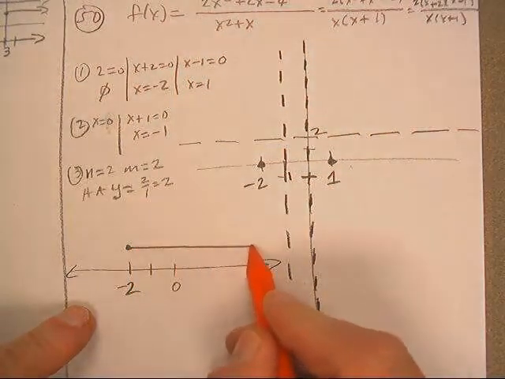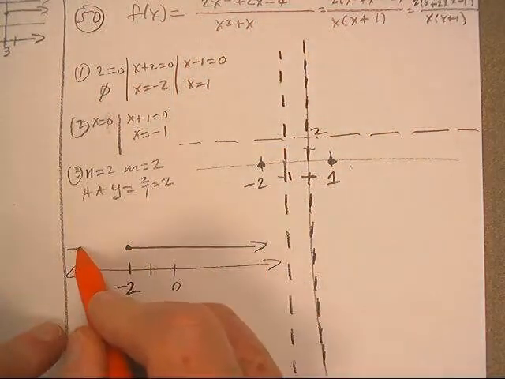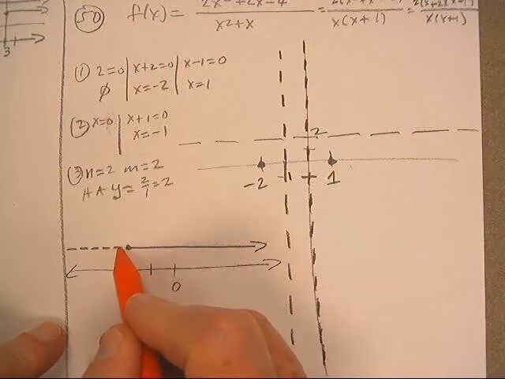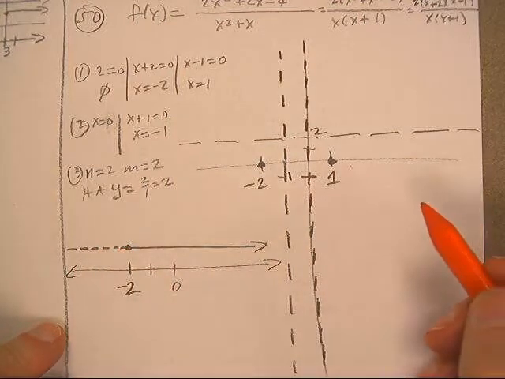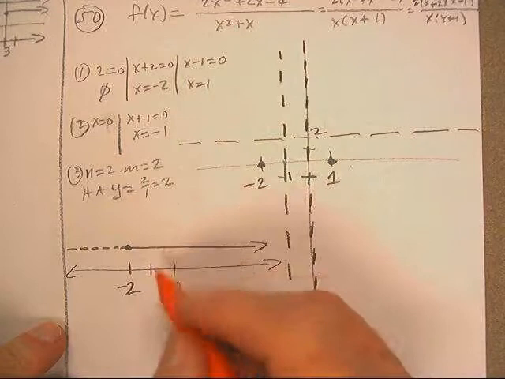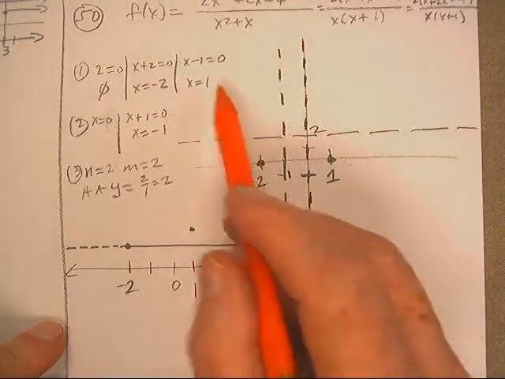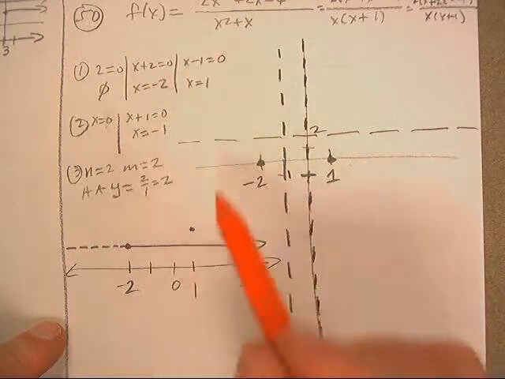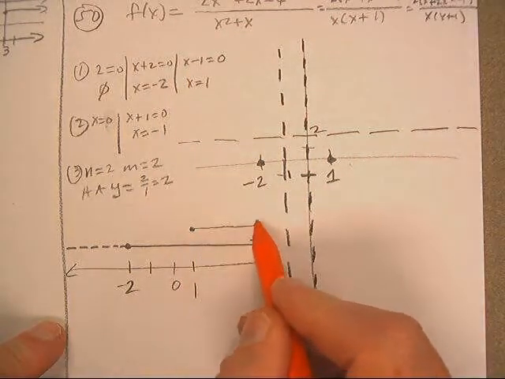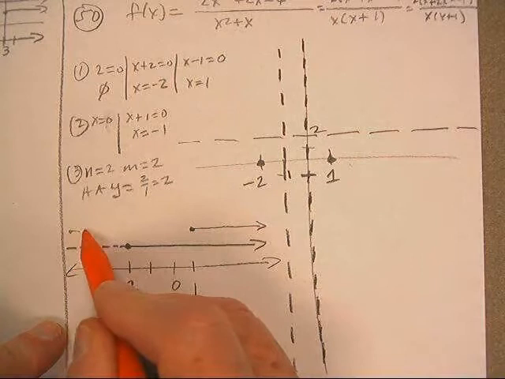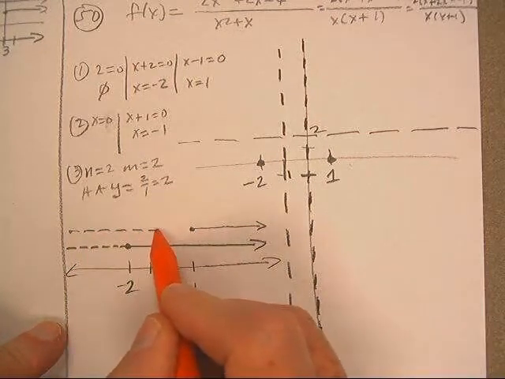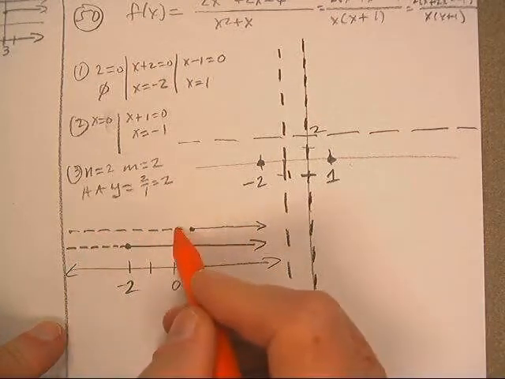So this one's going this way, and we're negative over here. Okay, and at 1, so look at that factor. There's no negative in front of an x on these, so this is going to be right and left.